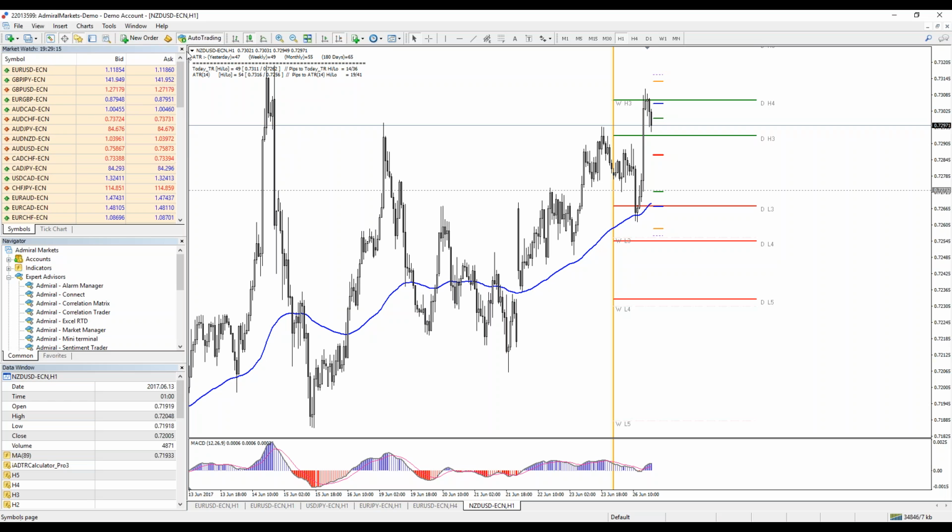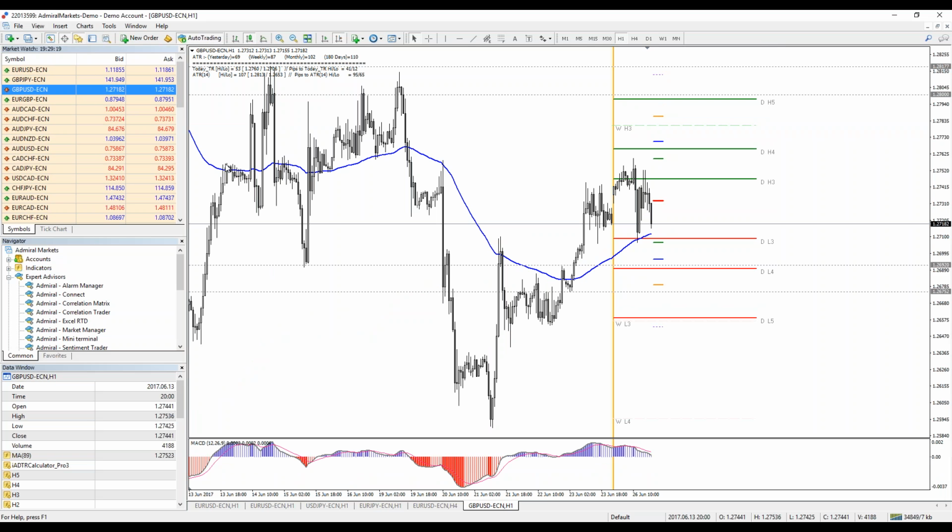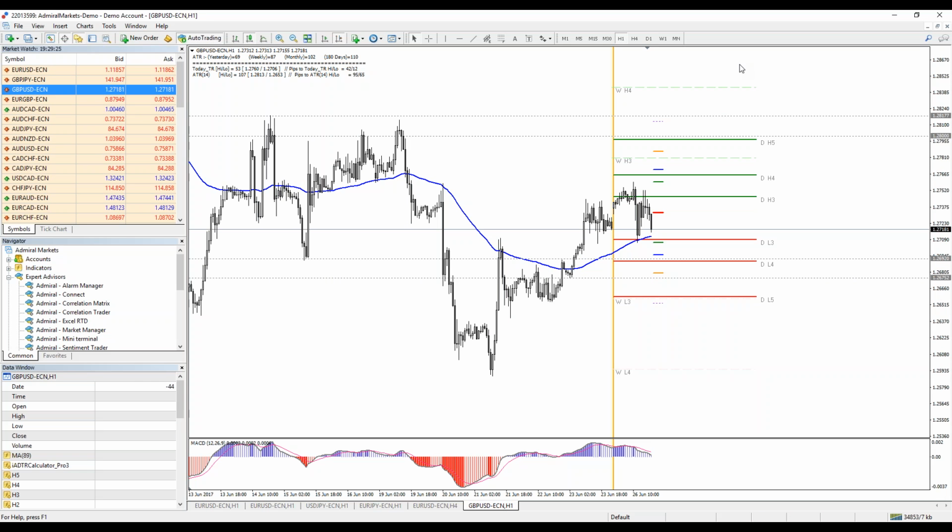This is pound dollar. So 1.2825 is a possible buy breakout. 1.2760-80 is the zone for a buy trade. And the sell trade is 1.28. So this could happen.